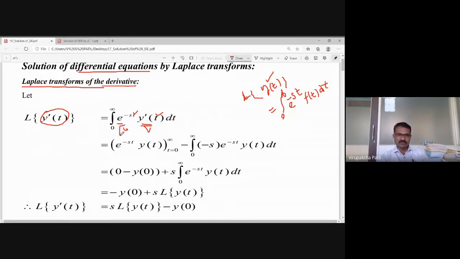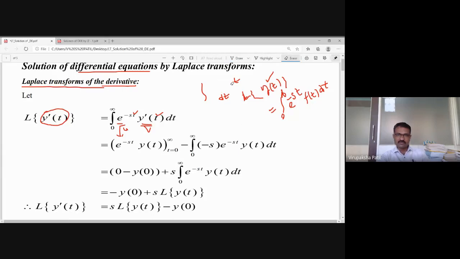So first function we will keep as it is, integration of second function. What is the integration of y dash? See, if it is dy by dt, if you integrate this with respect to t, it becomes dy. The integration of dy is y, so you can write it as y.